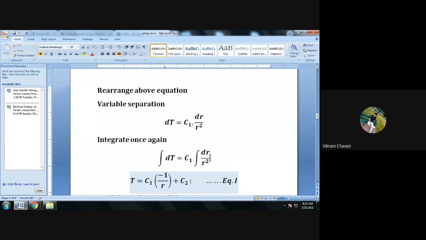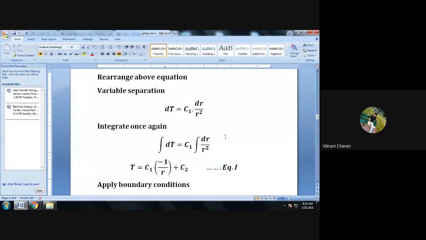After second integration, we have to add the integration constant as c2. So that will be our equation number Roman 1. Give this equation number as equation number Roman 1. So we are getting the equation as t is equal to c1 into bracket minus 1 upon r plus c2. Is there any doubt, any question up till now?